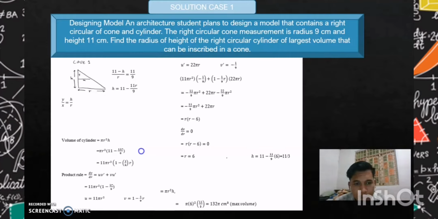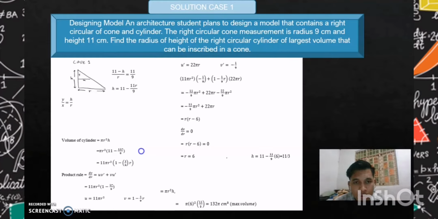So u is 11 pi r squared and u prime is 22 pi r. v is 1 minus 1 over 9 r and v prime is negative 1 over 9. So we use the product rule, u multiplied by v prime plus v multiplied by u prime.